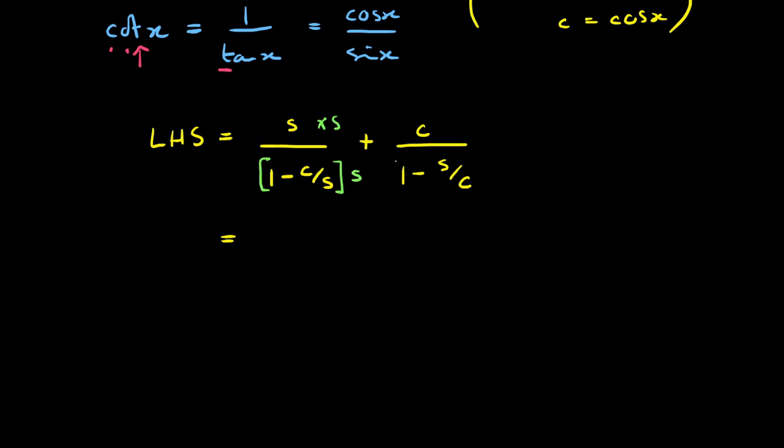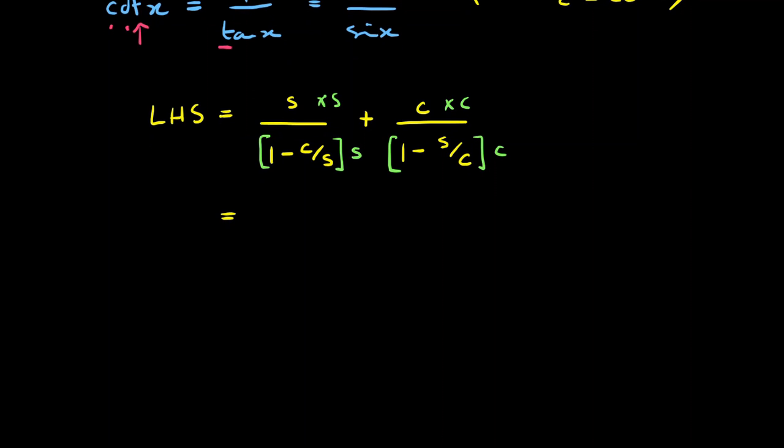And for this guy to get rid of the fraction, I've got to multiply the bottom by cos, which means I've also got to multiply the top by cos. So if I do that, for the first fraction, sine times sine is sine squared. And on the bottom, if I multiply through by sine, I'm going to get sine minus cos. For the second fraction, cos times cos is cos squared. And if I multiply through on the bottom, I'm going to get cos minus sine.